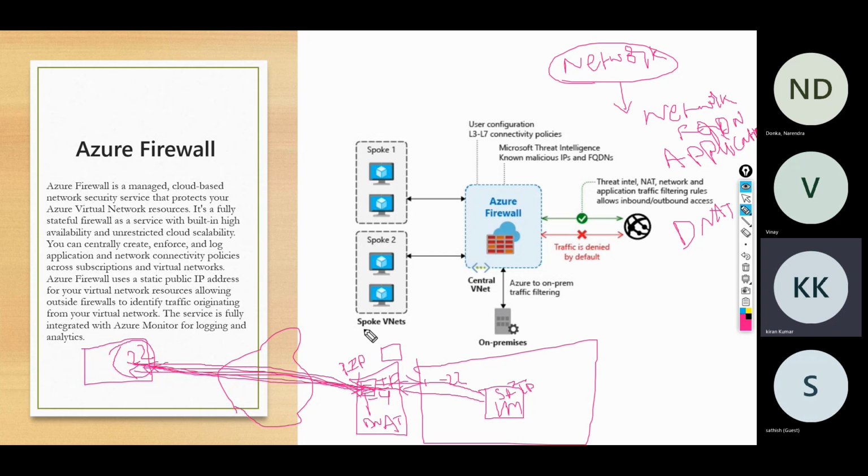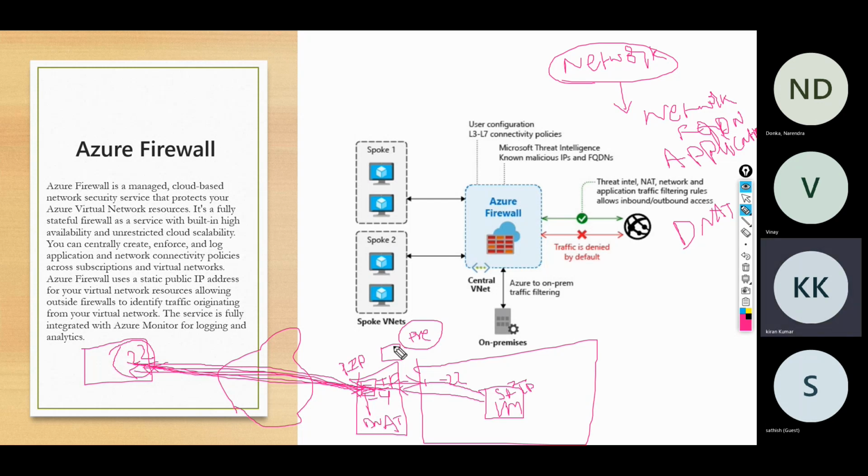This feature is available under Premium only. If you have not taken Premium, it won't check the TLS or SSL encrypted traffic. It won't inspect the data packets, because those capabilities are available only in the Premium firewall, guys.